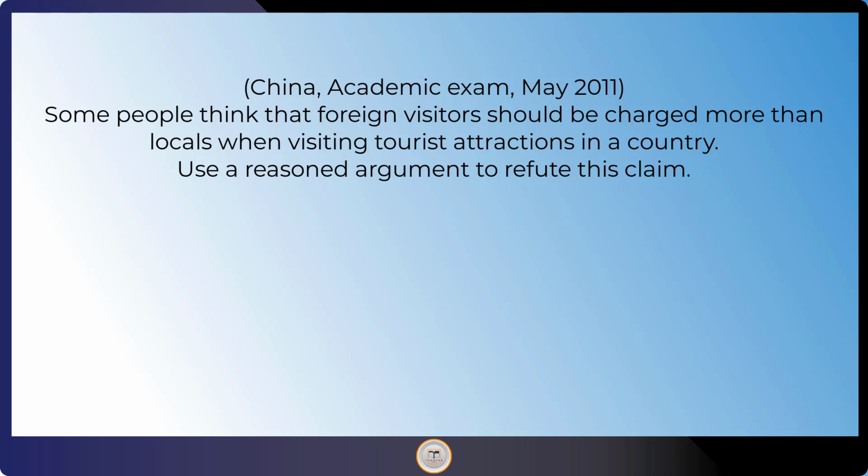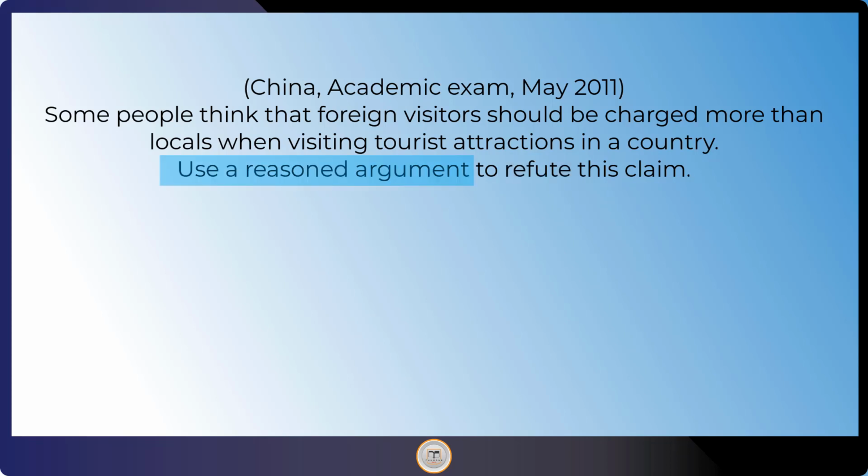Okay, so now here we have the word refute, which means to not support, or to show the flaws in this argument. So of course we're going to write an argument essay that disagrees with this topic. We don't have any choice on our position. The essay question has told us we're going to refute the claim.